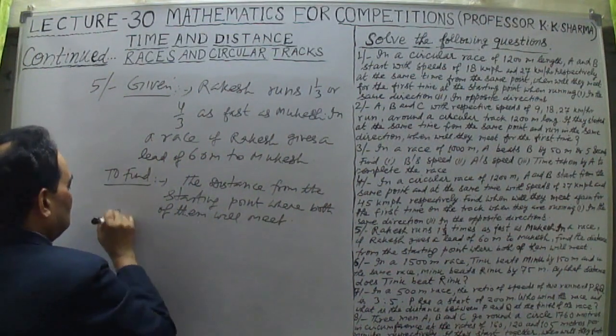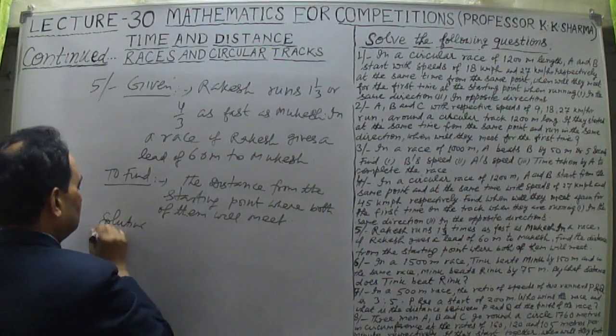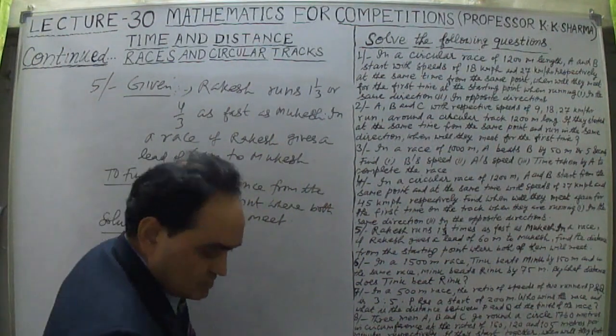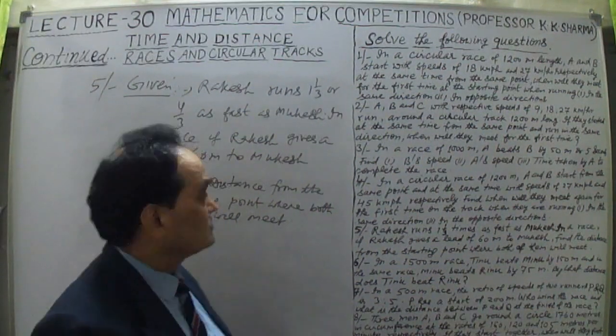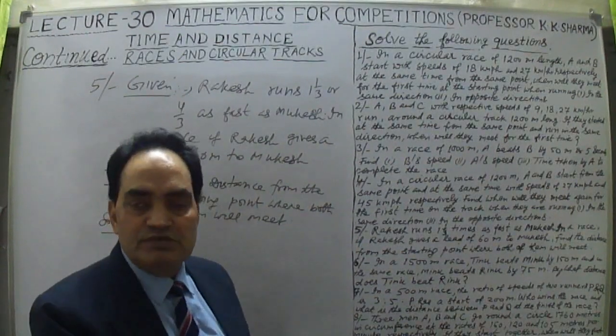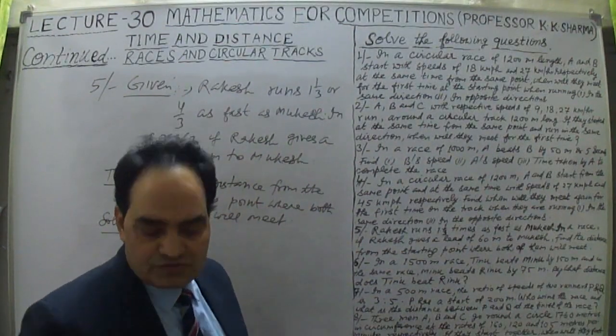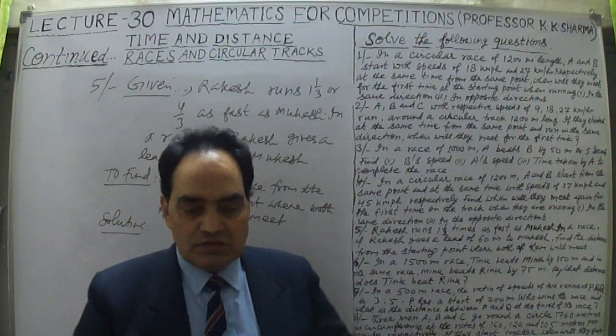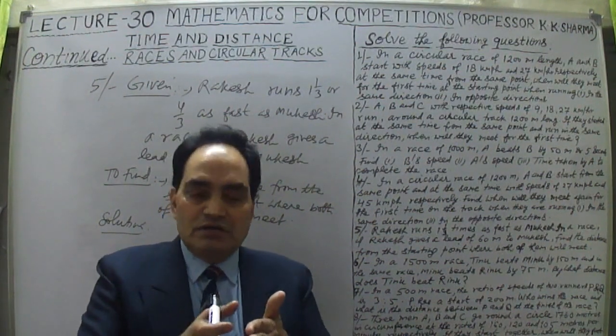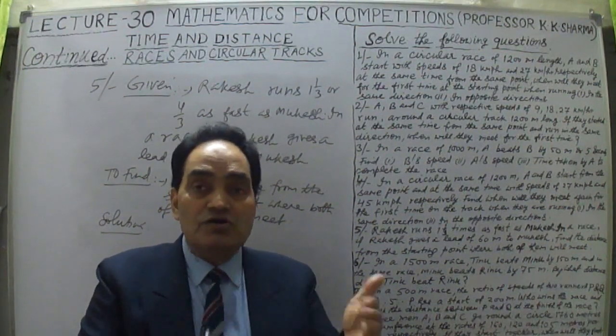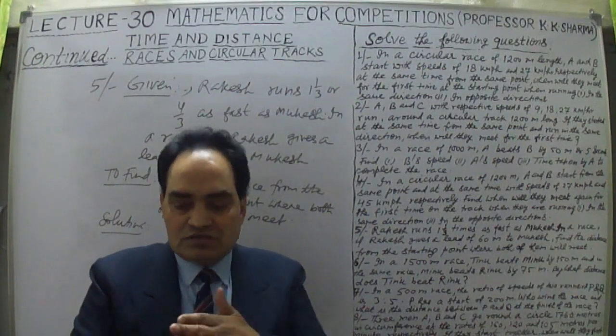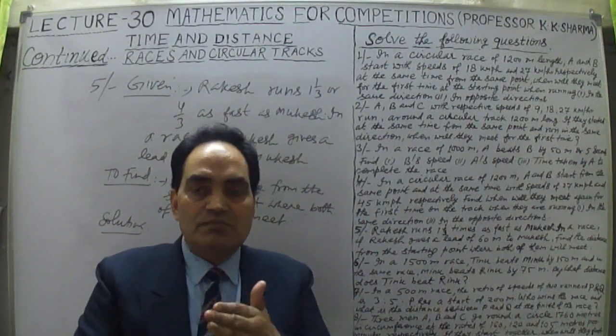Now the solution. Try to understand this question. What does it say? It says that Rakesh has given 60 meters lead to Mukesh. What does it mean? It means that Mukesh is already 60 meters ahead of Rakesh. Now Rakesh is running after Mukesh.